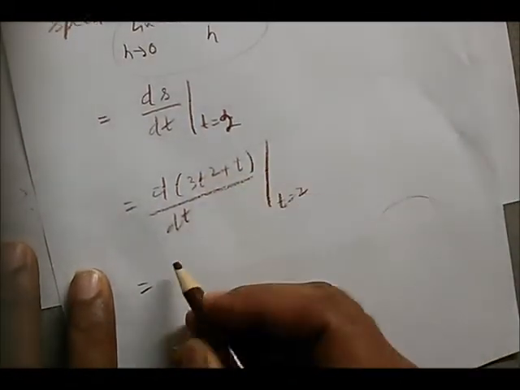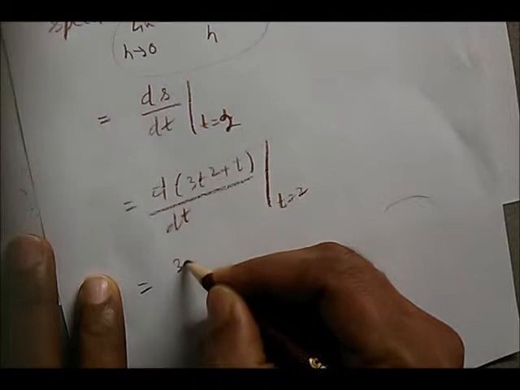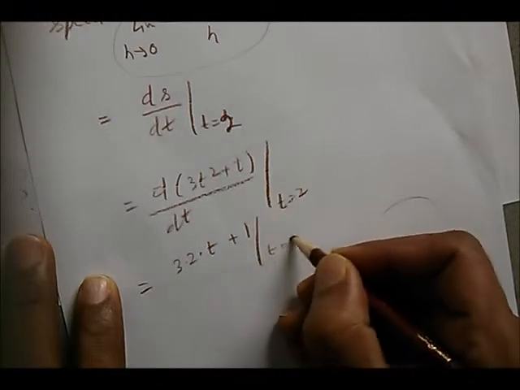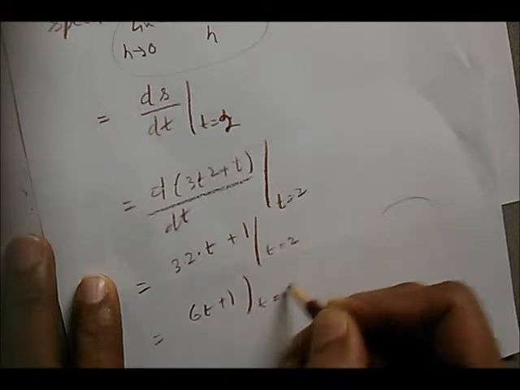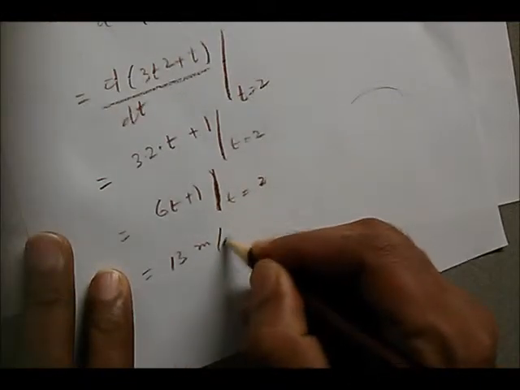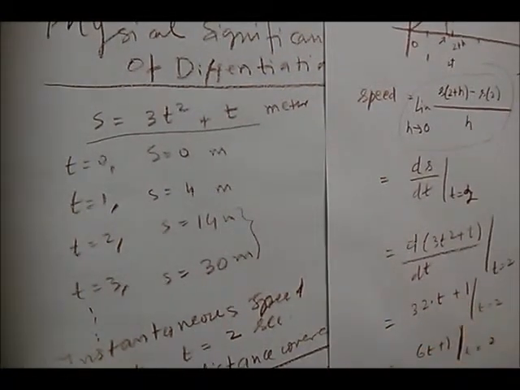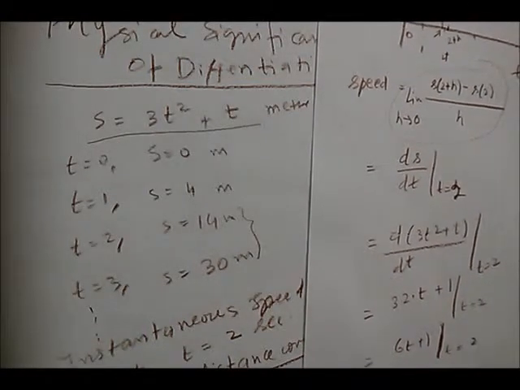The differentiation of 3t square will be 3 into 2 into t, plus 1, at t equal to 2. Its value becomes 12 plus 1, 13 meters per second. So you can see that this is one application where we can find the instantaneous rate of change of any particular variable at a particular given point of time.